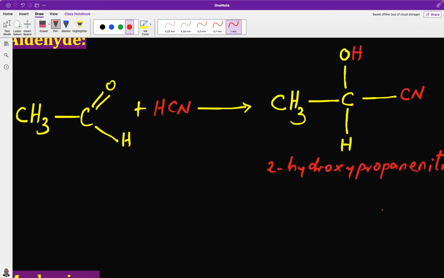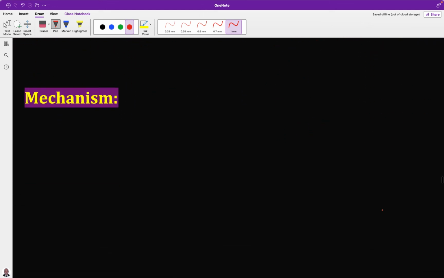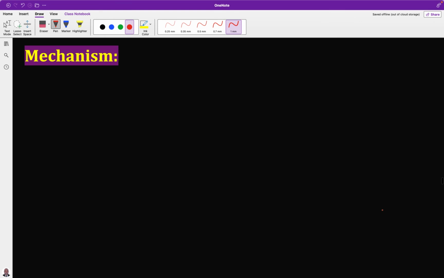I want to show how the mechanism is going to take place. This is how the mechanism is going to take place. Okay, I put it here again like this.